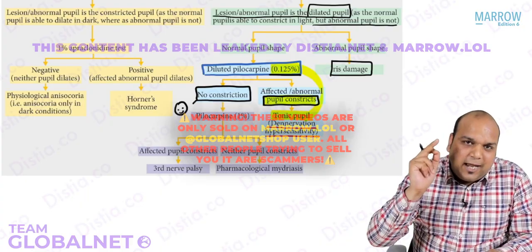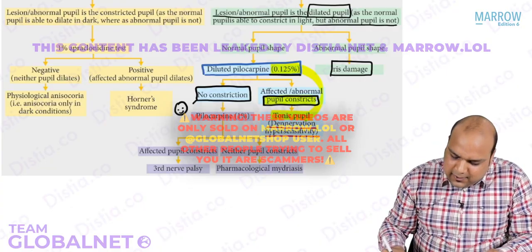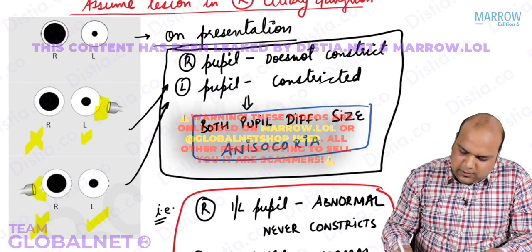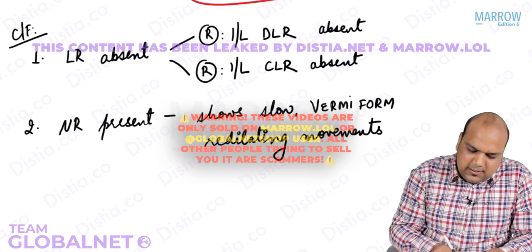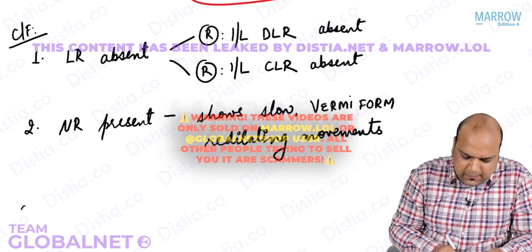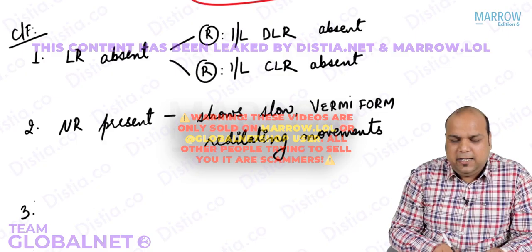So what is the way to diagnose tonic pupil, everybody? If I go back to the notes, you can also go back to the notes. Clinical feature number 1, clinical feature number 2, light reflex absent, near reflex present.